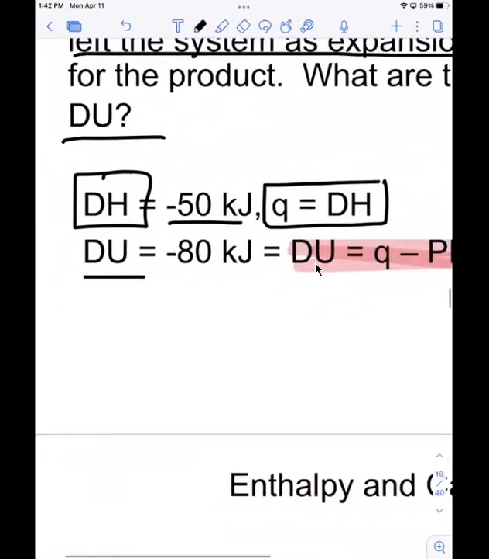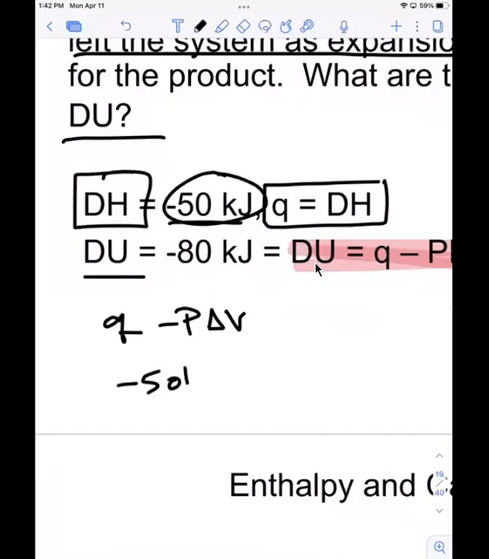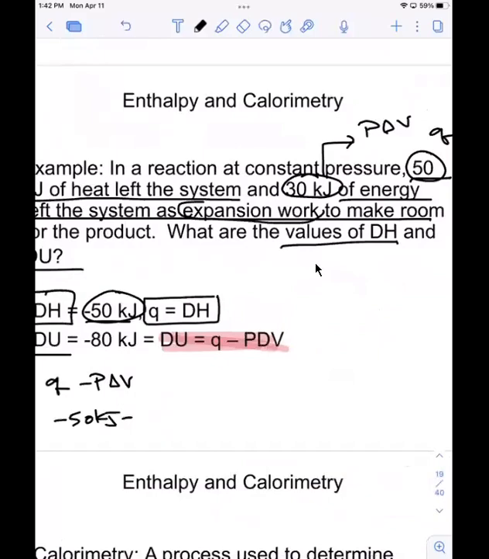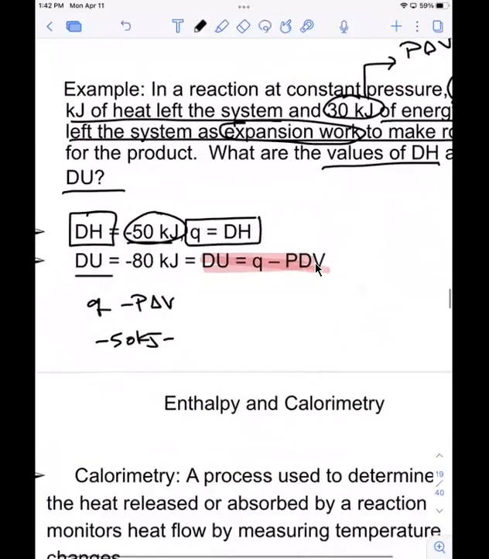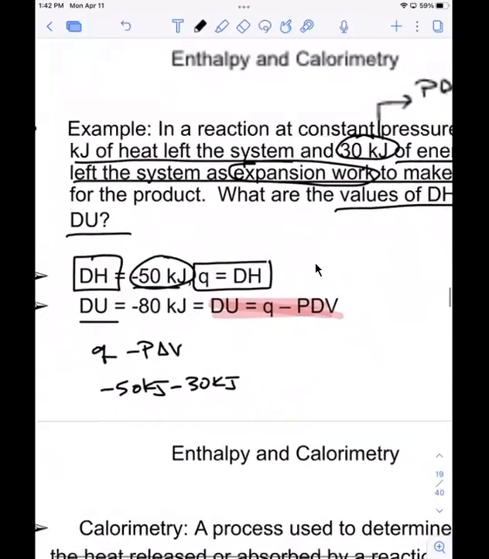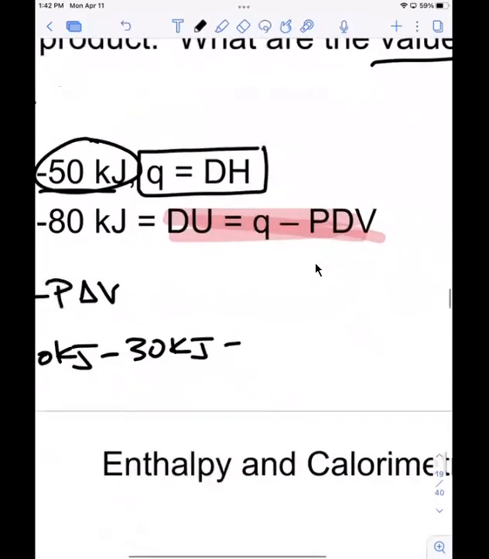It is Q minus P delta V. And if we put in Q as negative 50 kilojoules, and we subtract that from the work function, which it gave us as expansion work of 30 kilojoules per mole, I'm sorry, 30 kilojoules, then we get negative 80 kilojoules.